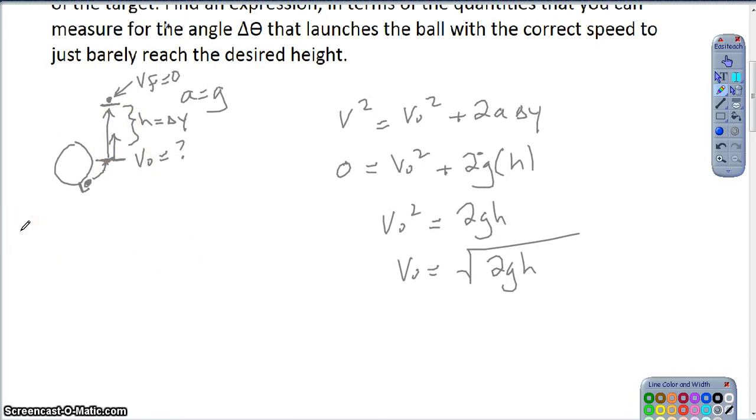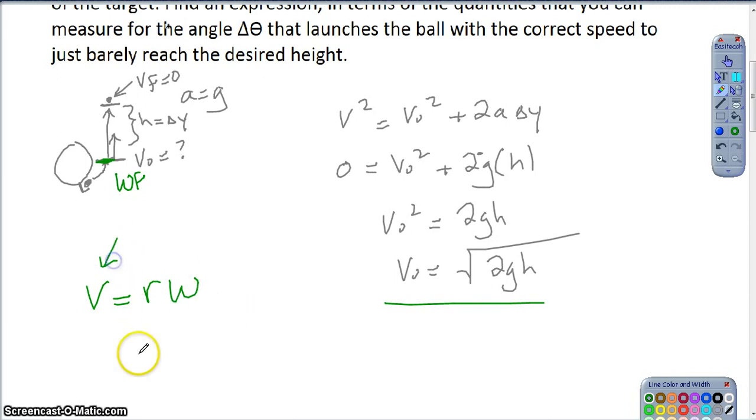So then the question is, how does this initial velocity help me with the angular stuff? Well, if this is the initial vertical velocity it would need to be launched with, isn't that going to be related to the final angular velocity that it needs to leave the wheel with? So what's the relationship between linear and angular velocity? Linear velocity equals the radius times the angular velocity.